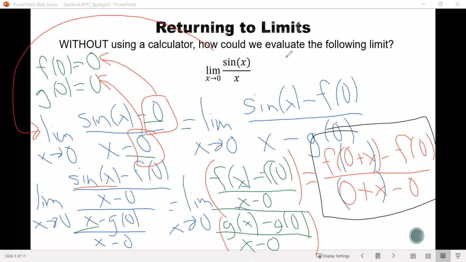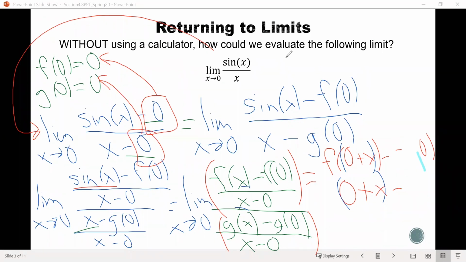So if you remember back from the beginning of chapter 3, our limit definition of our derivative was the limit as h approaches 0 of f of x plus h minus f of x all over x plus h minus x, right? And I know what we have here is not exactly the same, but hopefully you would agree with me that it looks like a similar form.